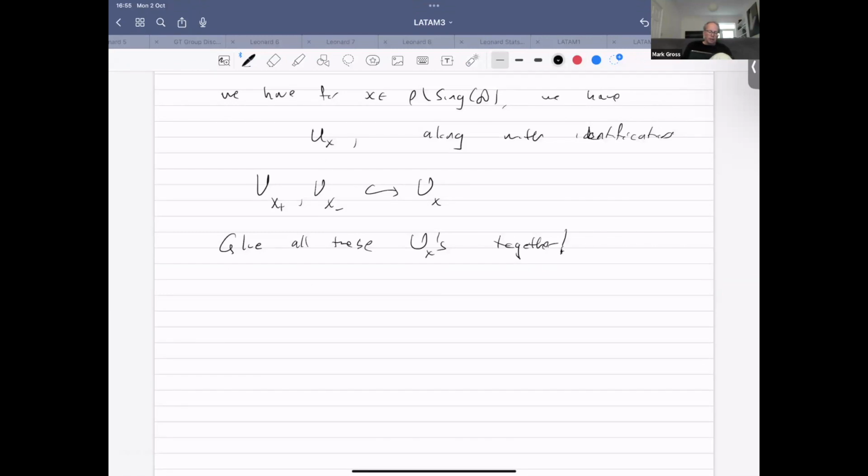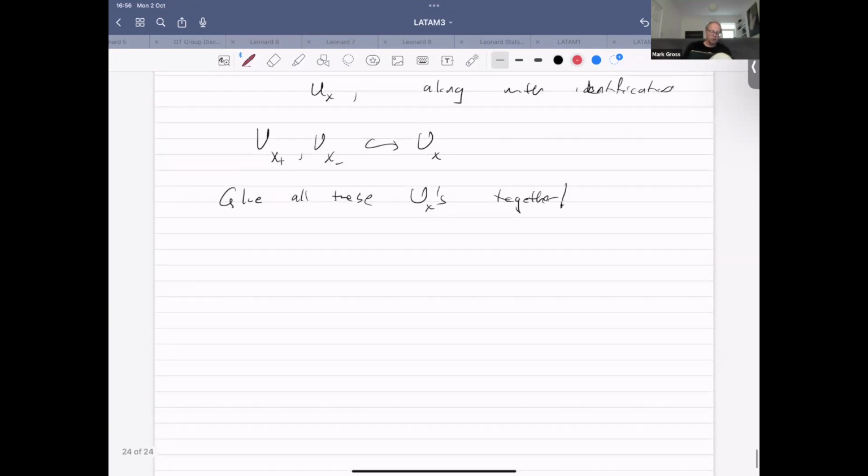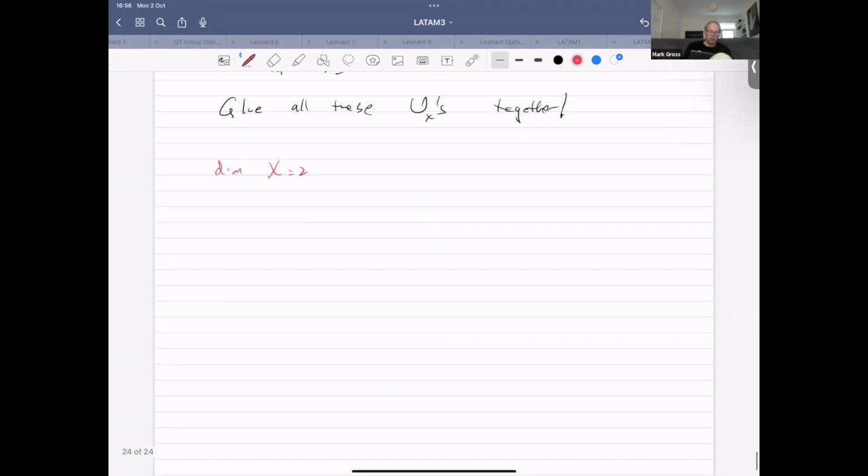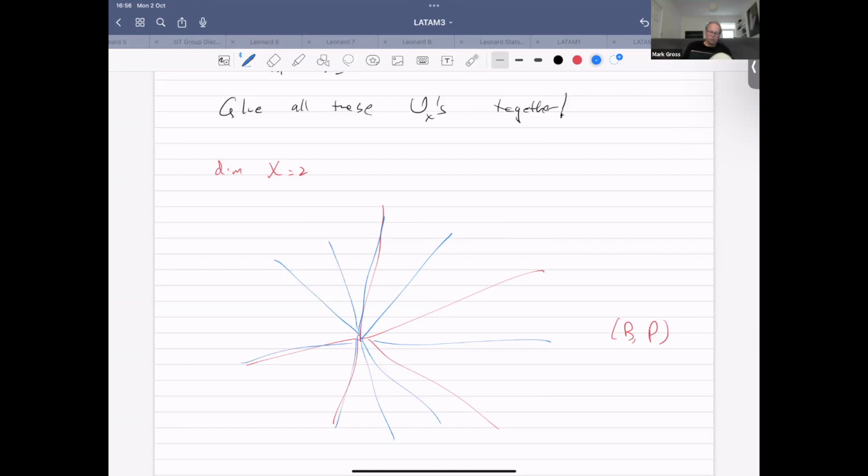So again, I don't have much more time, so let me try to show you what happens in dimension 2. It might seem like a lot of data, but the point should be that it's fairly simple. So here's BP, and then we have the wall structure, which is a bunch of rays.